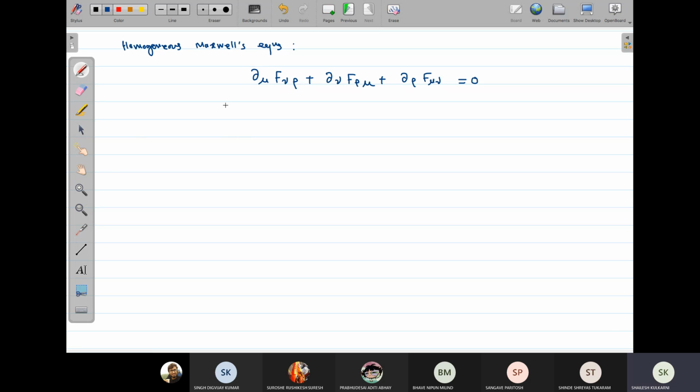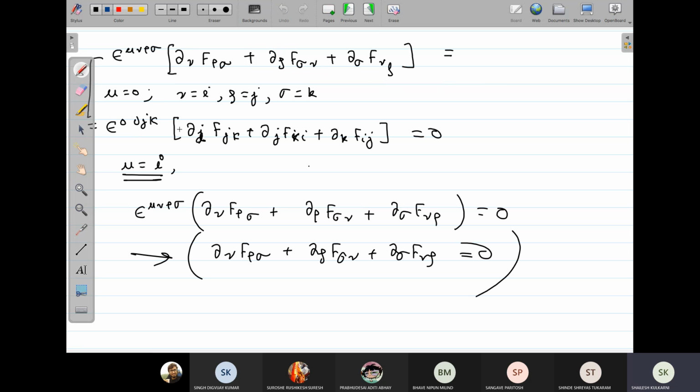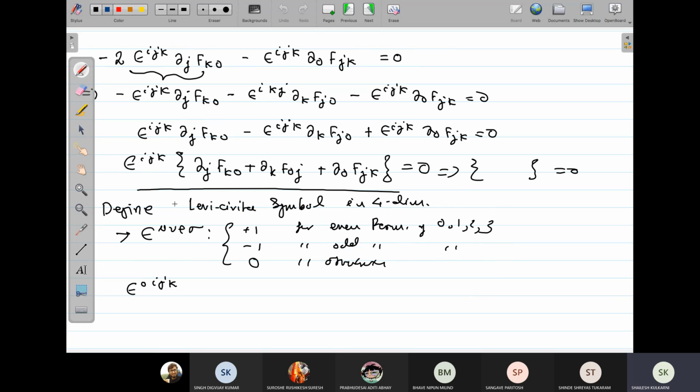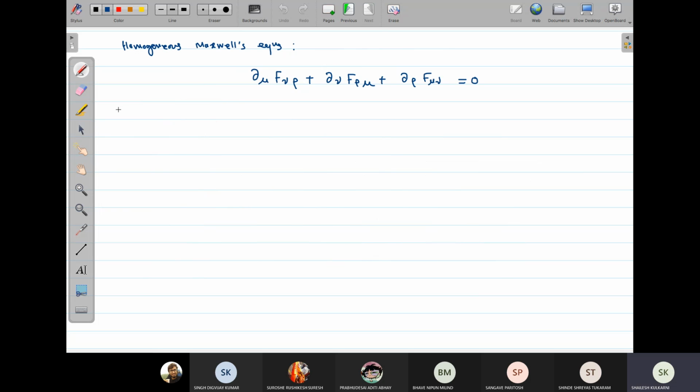And remember how we derived this? If you go back, we defined in between a 4-dimensional Levi-Civita tensor, or symbol, in 4 dimensions. One can actually do a little better. Let us consider this quantity, epsilon mu nu rho sigma del nu F rho sigma.